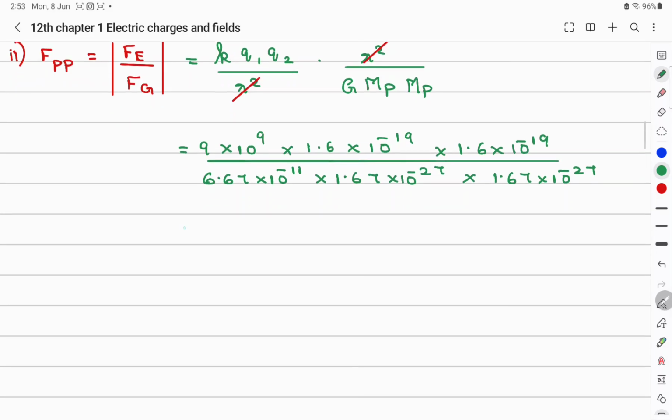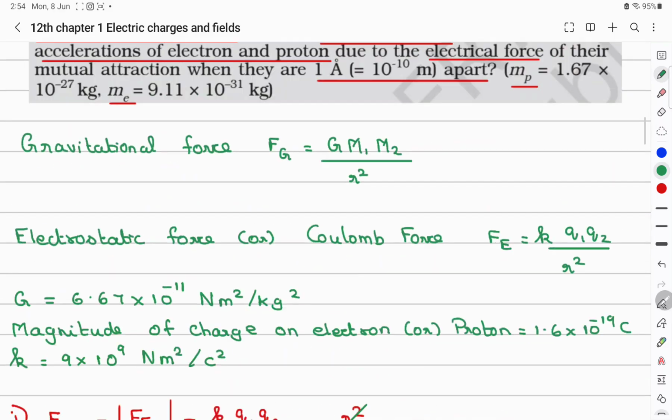So after substituting these quantities, we will get the final value as 1.34 into 10 to the power of 36.